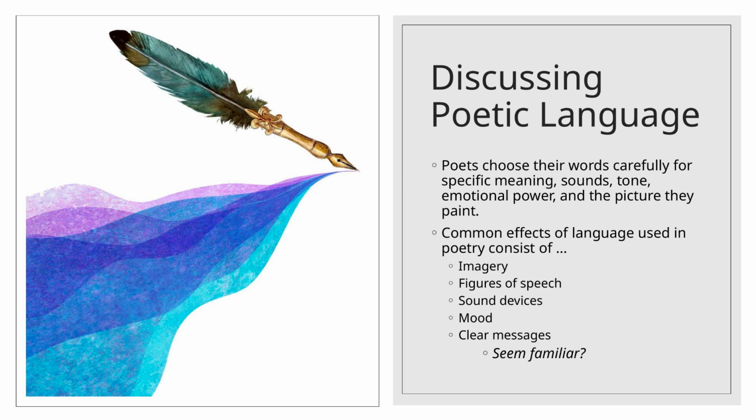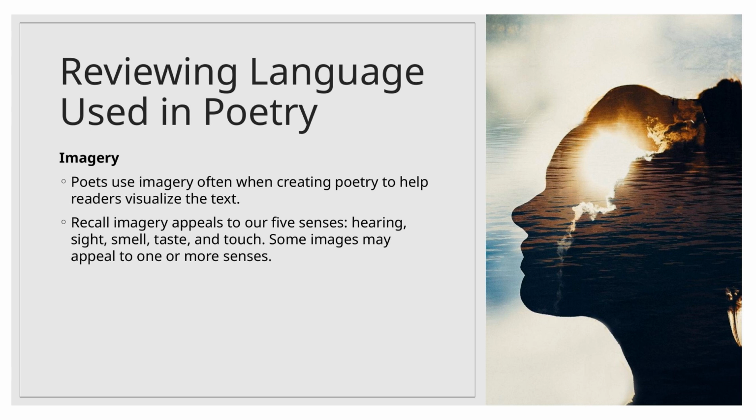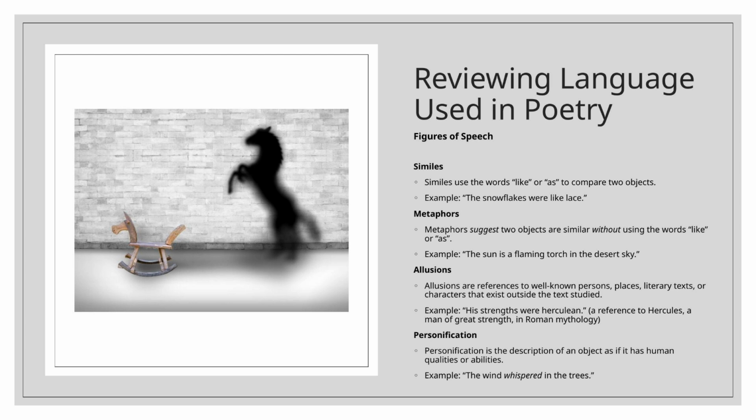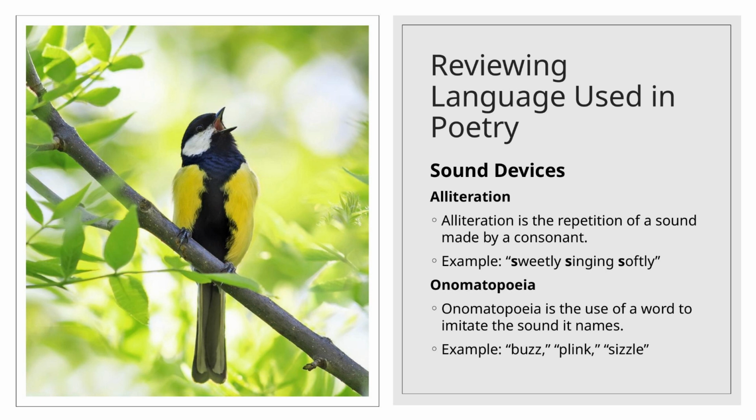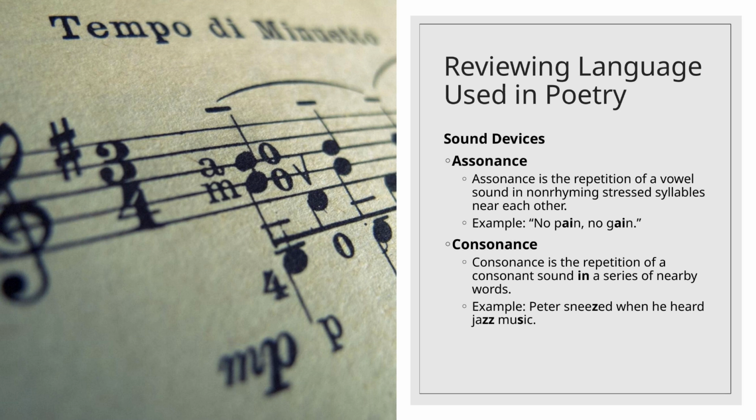Does something seem familiar? Let's quickly review the language used in poetry, such as figurative language like imagery. Poets might also use similes, metaphors, allusions, and personification. Sound devices such as alliteration and onomatopoeia are also commonly used in poetry. Assonance and consonance often find their way into poetry as well.